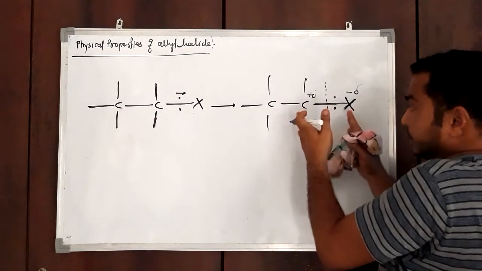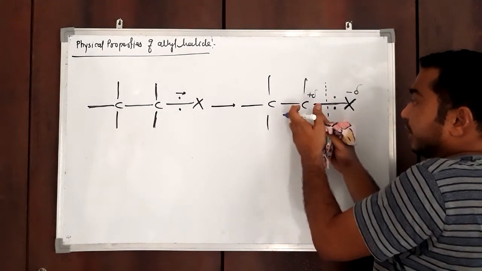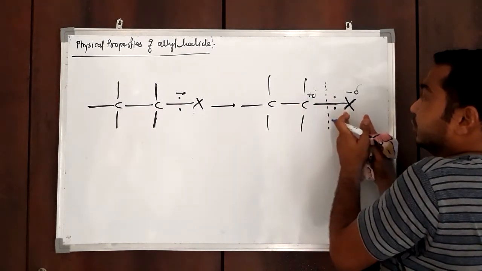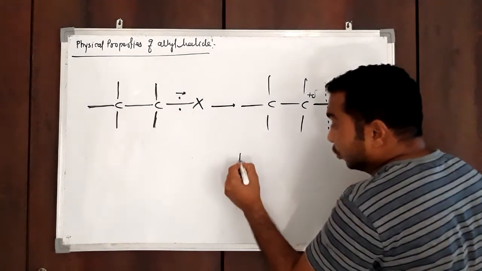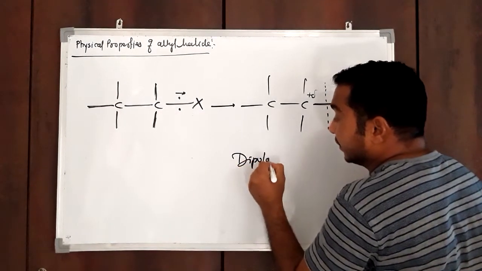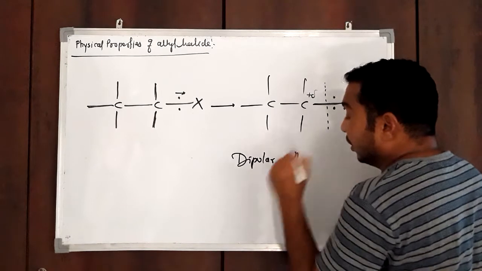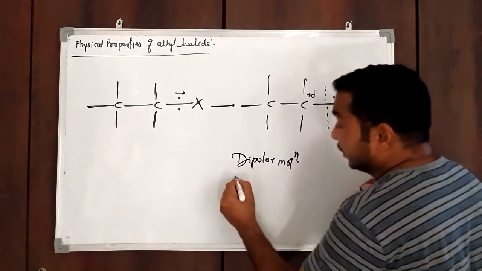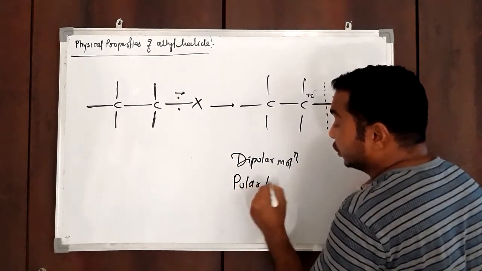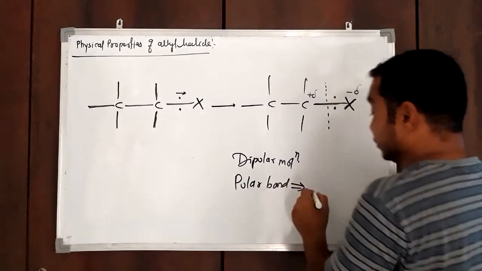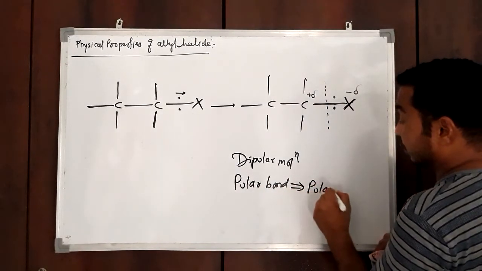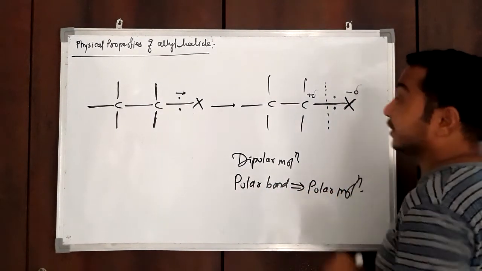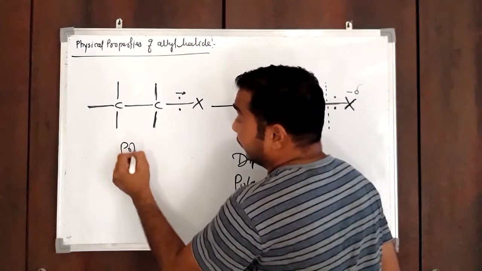One end is partially positive and another end is partially negative, meaning the bond is dipolar, the bond is polar, which means the molecule is a polar molecule. So alkyl halide is a polar molecule having polarity.